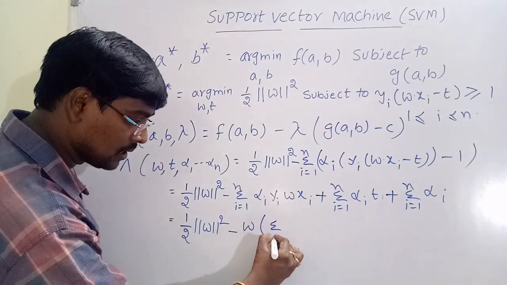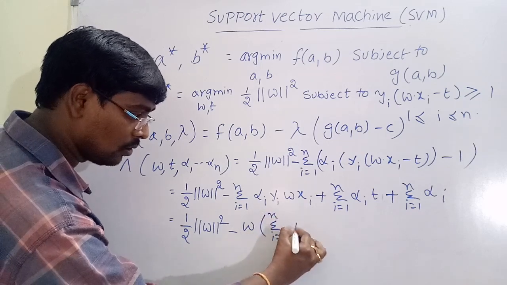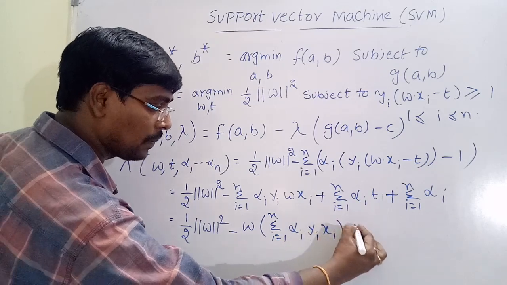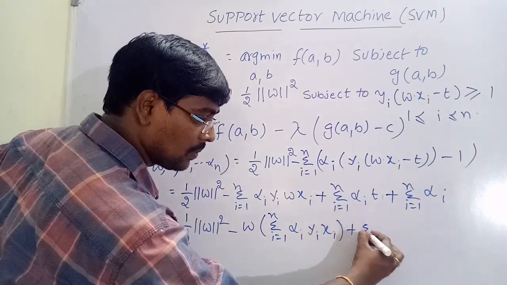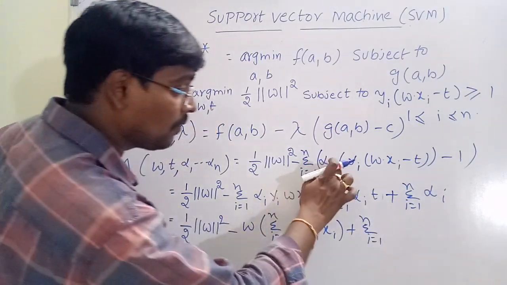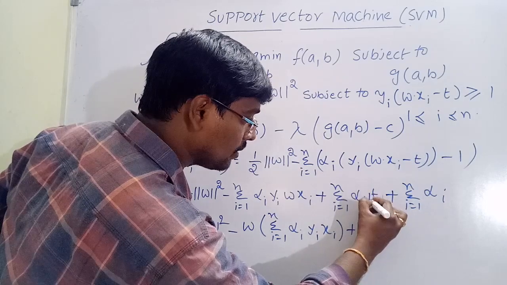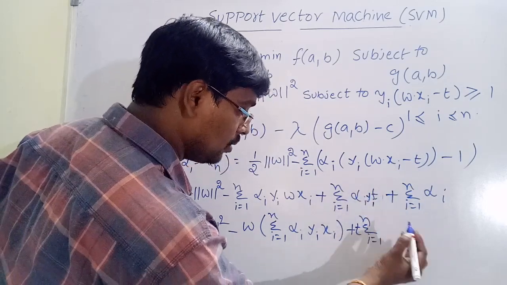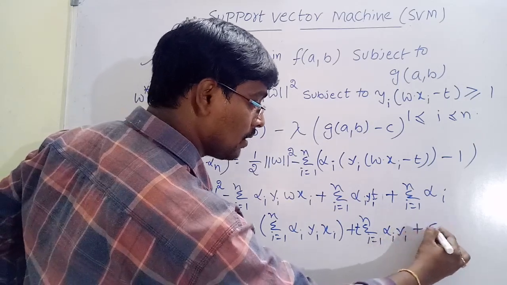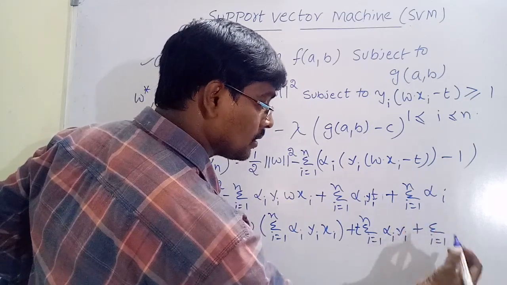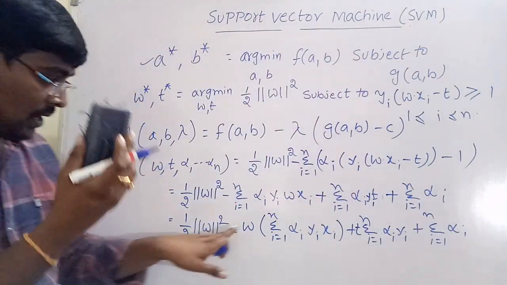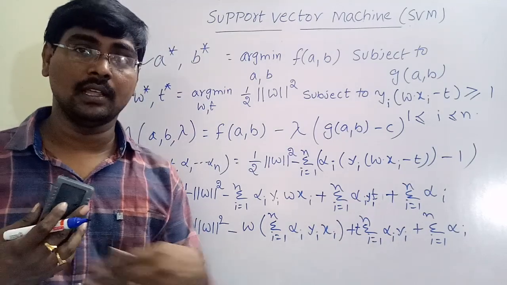Plus t into sigma I equals 1 to n alpha I yi, plus sigma I equals 1 to n alpha I. Now take this expression in terms of w and t.